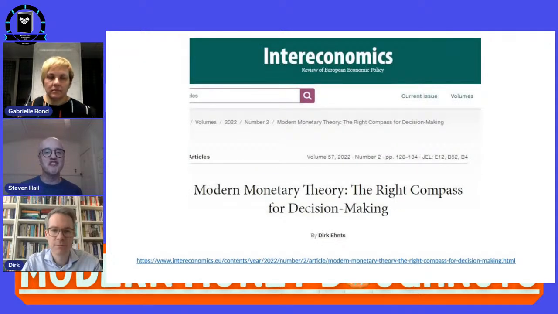This is one of my favorite MMT papers in recent years, which is why I wanted to highlight it now. People can see the address of the link on the screen at the moment, or you can just do a Google search for Dirk Ehnts' name and Modern Monetary Theory, the Right Compass for Decision Making, and you'll find this paper.